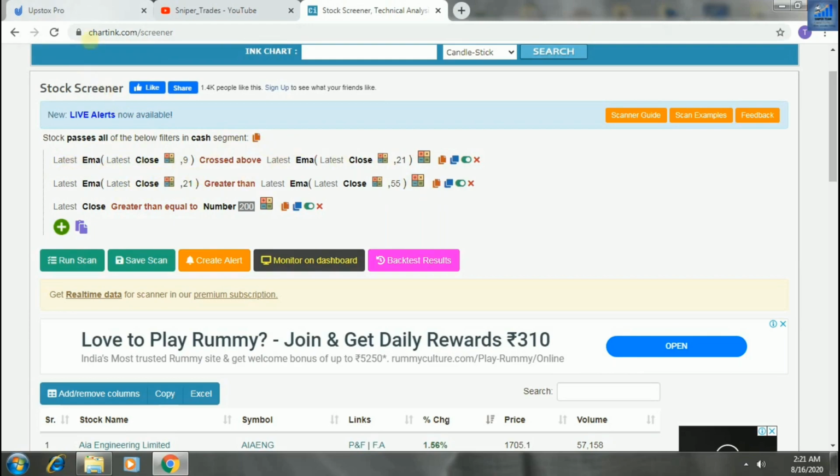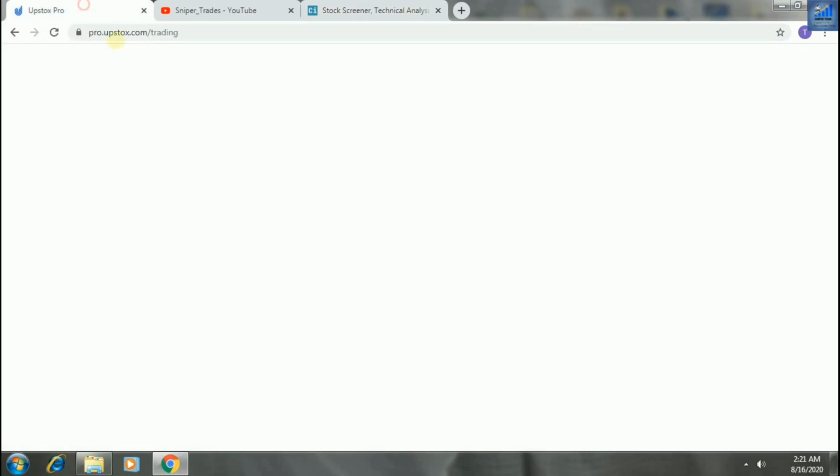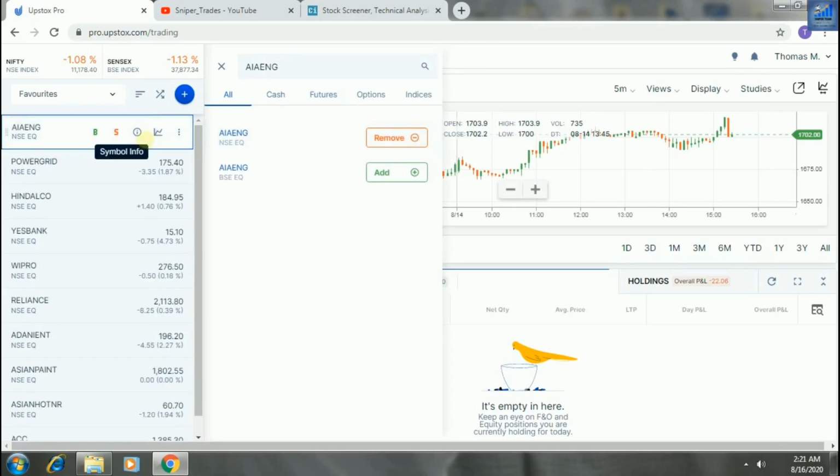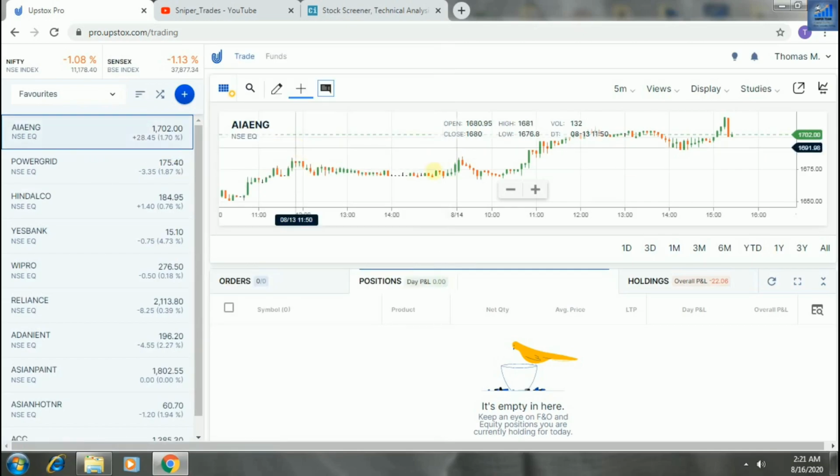So first go to Upstox. We are going to see how the stock is performing in the chart. The net is slow, it is still loading.